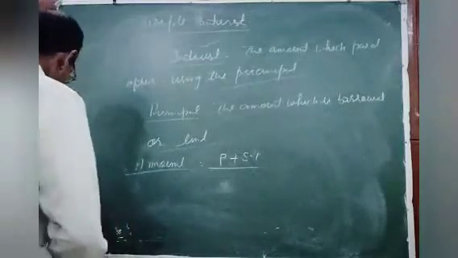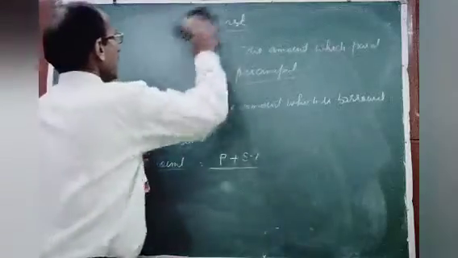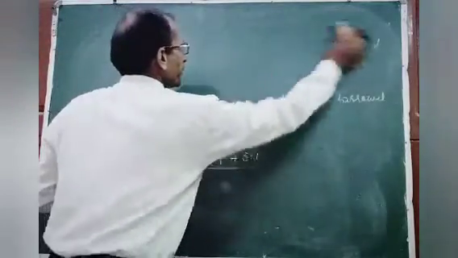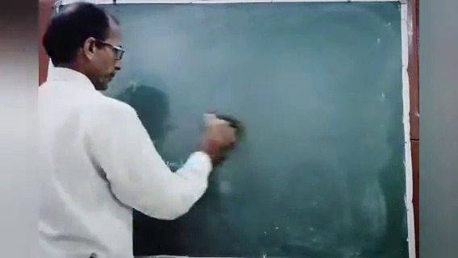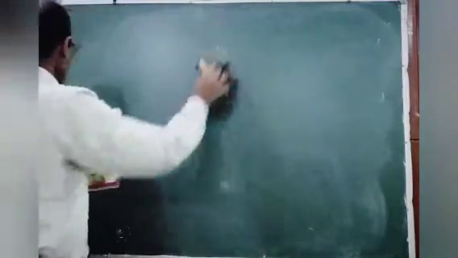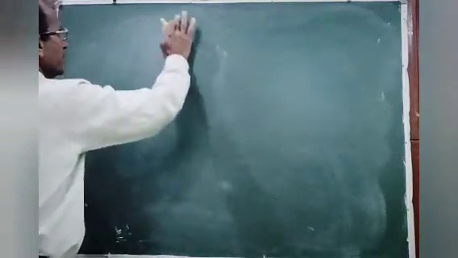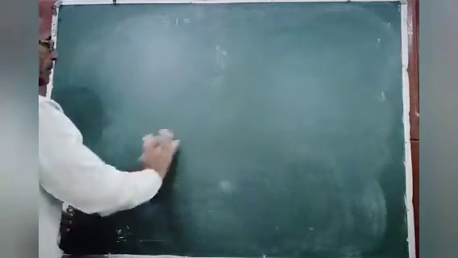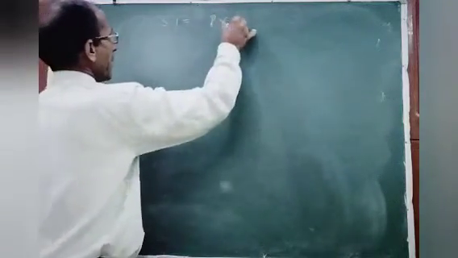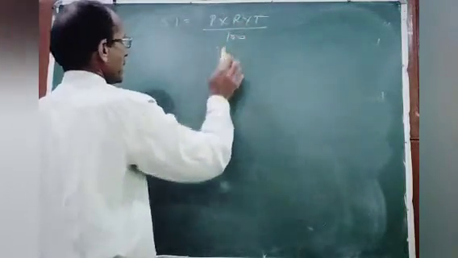Now for finding the simple interest, you have to learn the formula. Simple interest equals principal multiply rate multiply by time upon 100.